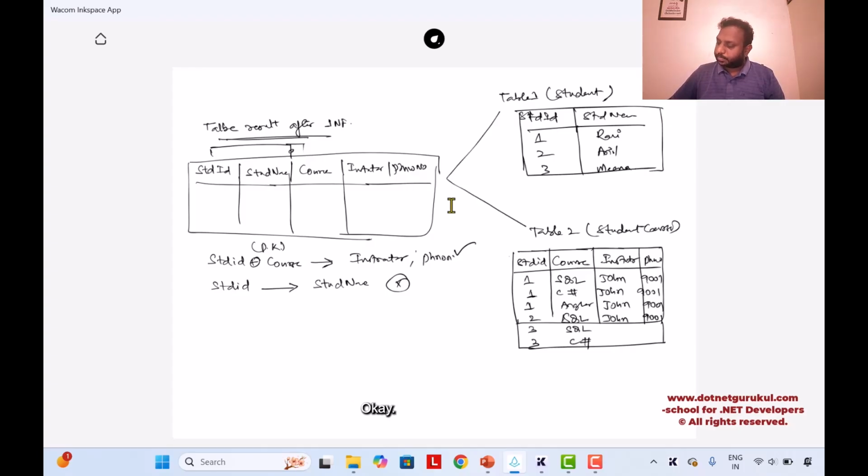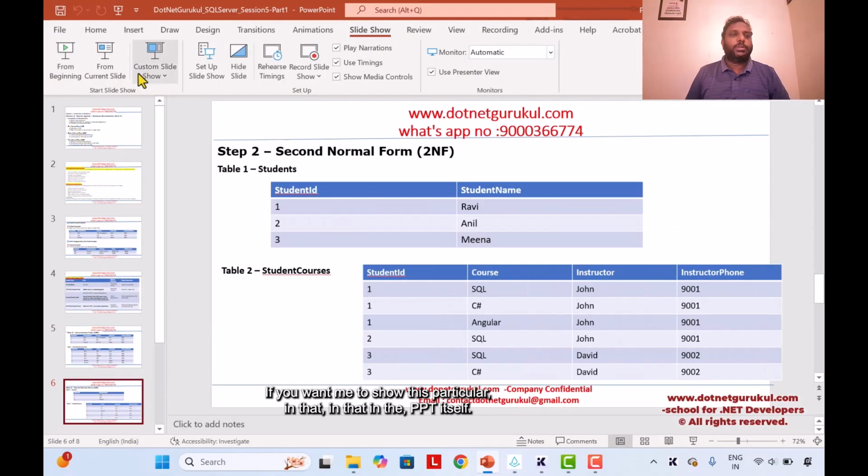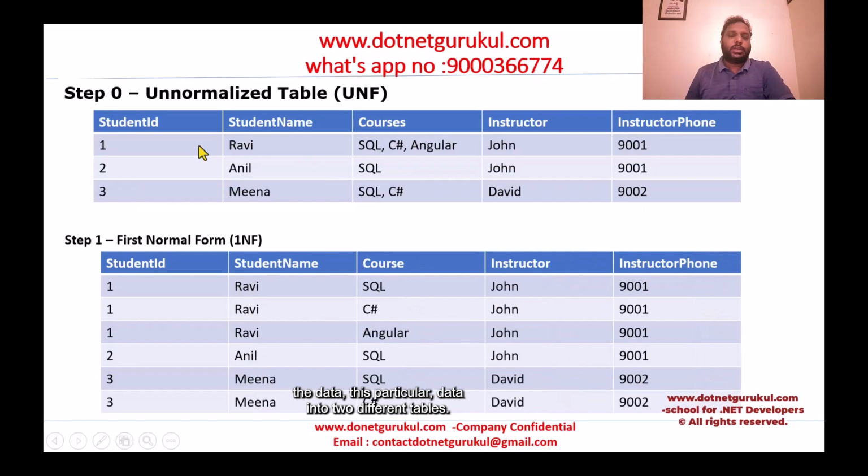Okay, here David 9002. Okay, if you want me to show this in the PPT itself, I can show you. So here, after applying the second normal form, I split this data into two different tables.